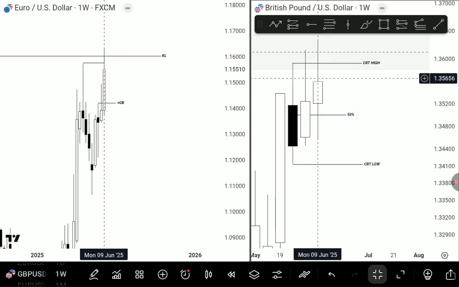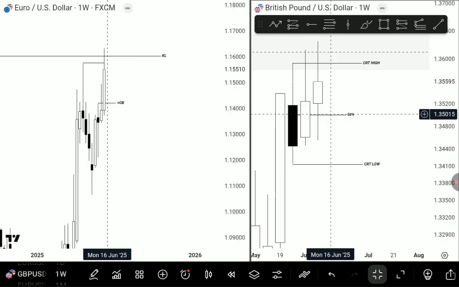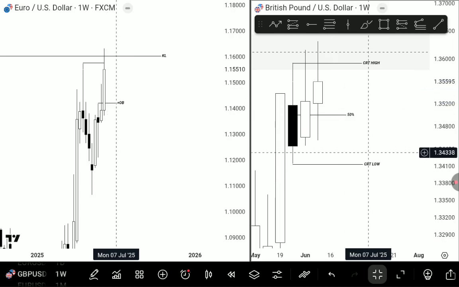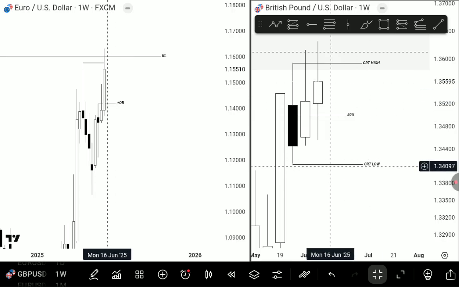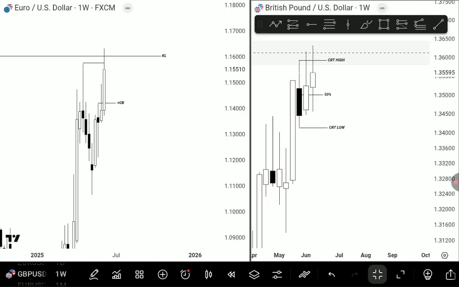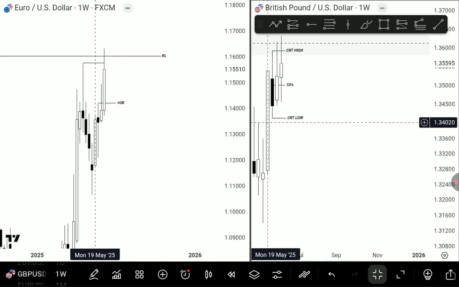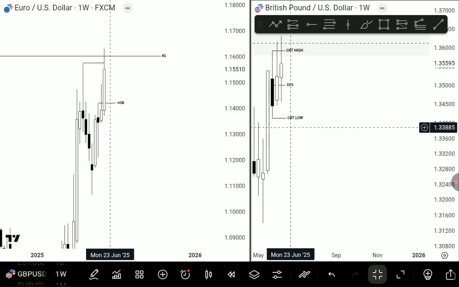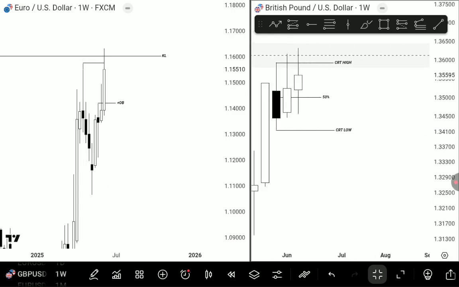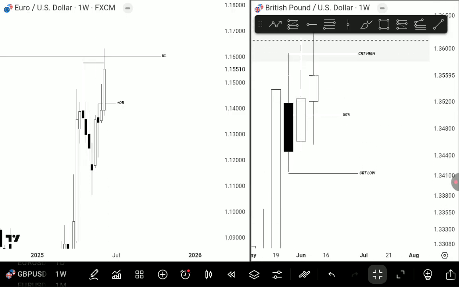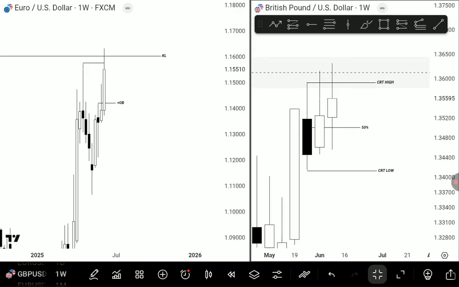Once price has reached at least the 50% of this candle range, then I'm also looking at the opposite end, which is also a gap in the market, a bullish gap. So this is my conviction also for the pound.